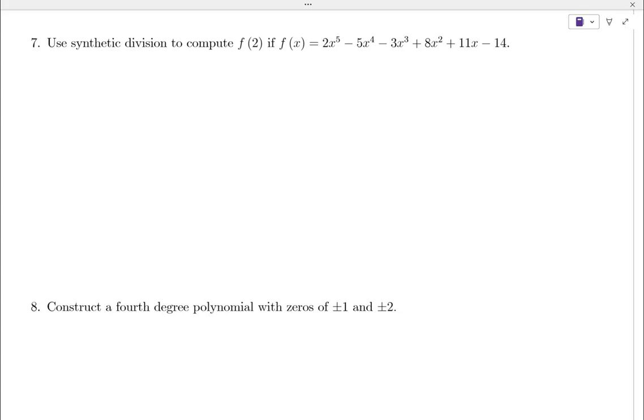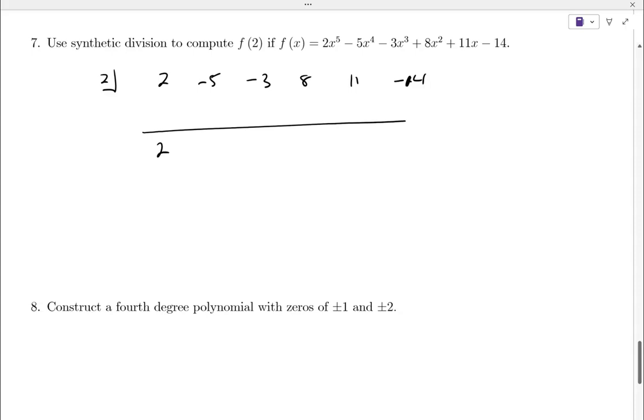Ready to chat about it? All right. So what did you put across the top for your synthetic division? Good. And then the upper left-hand corner, we put 2. First step.